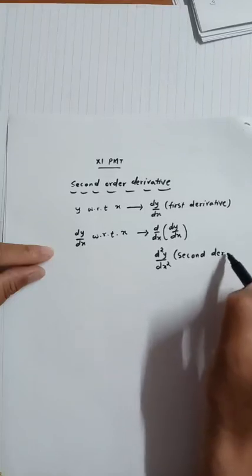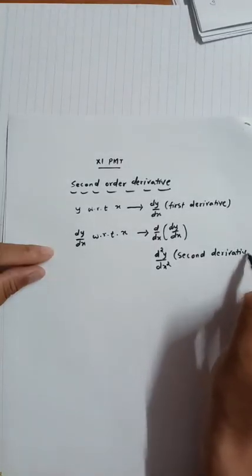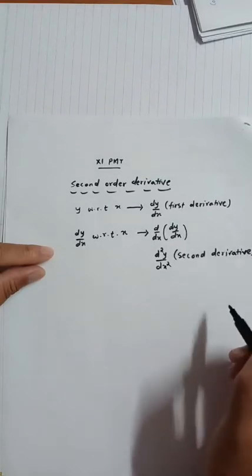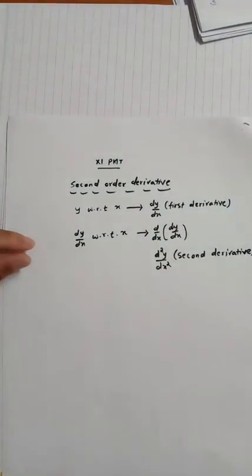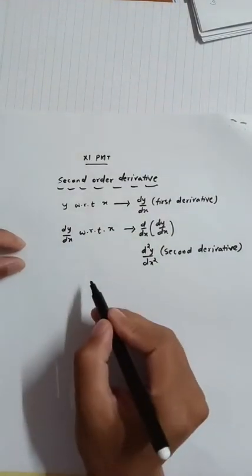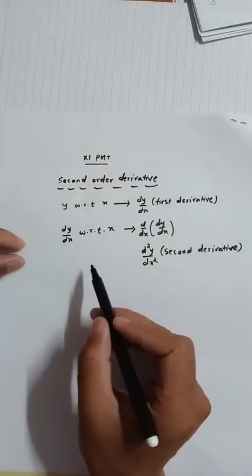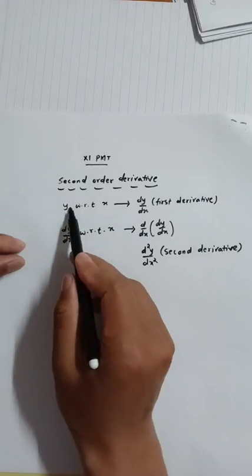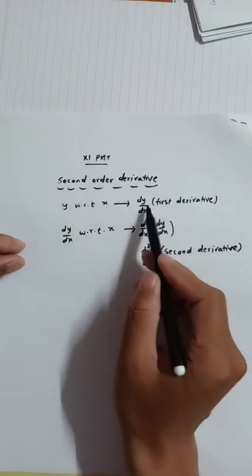For the second derivative, what do we need to do? First of all, we need to find the first derivative. When I differentiate the function y with respect to x, you get your first derivative.